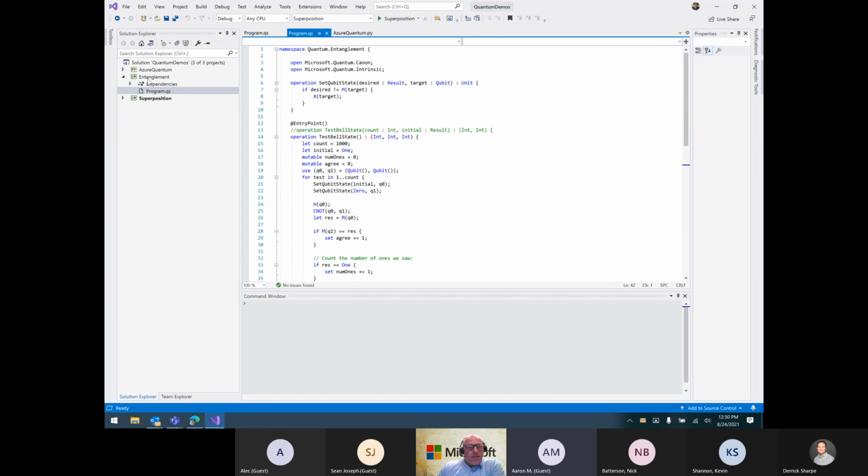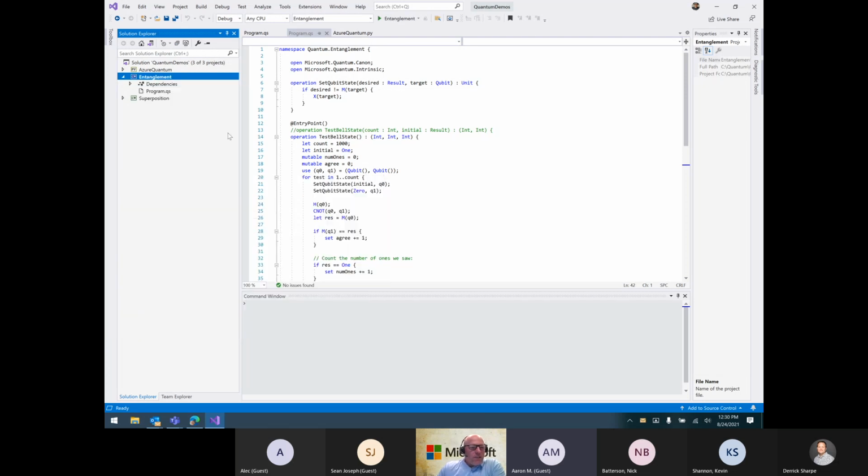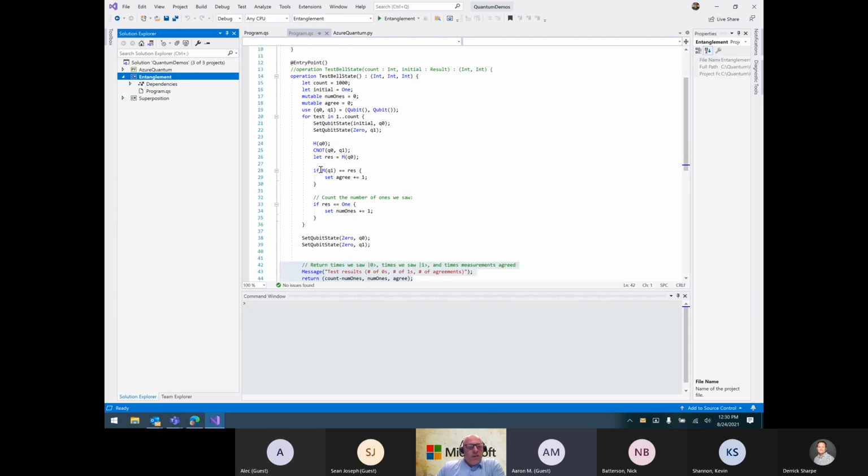Quantum entanglement, of course, as we mentioned, is the linking between two qubits, right? These two quantum elements, like I said, could be an electron, an ion, or a proton. Basically this quantum entanglement demo is going to show that I've got H, so I put it in superposition, then I do a CNOT, which is going to actually put them into an entanglement state.